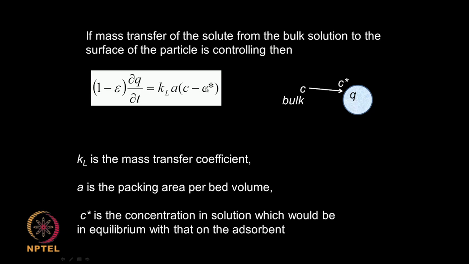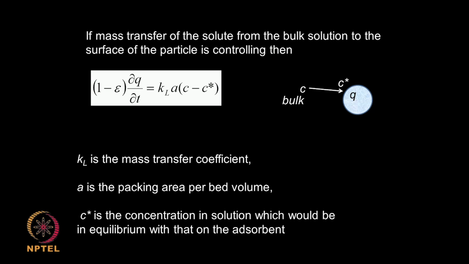So, you see that C star is the concentration in the solution which could be in equilibrium with Q. So, the relationship between Q and C star could be linear or non-linear, but not between Q and C. So, between C and C star will be based on the mass transfer. So, this is the equation, and we can substitute for C star in terms of Q if you know what type of adsorption is taking place.